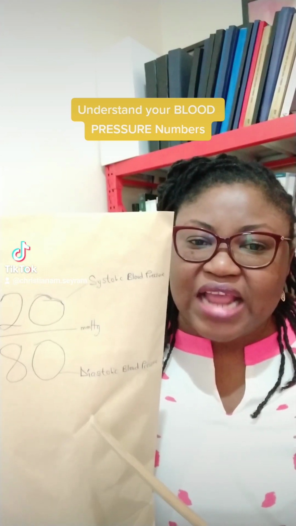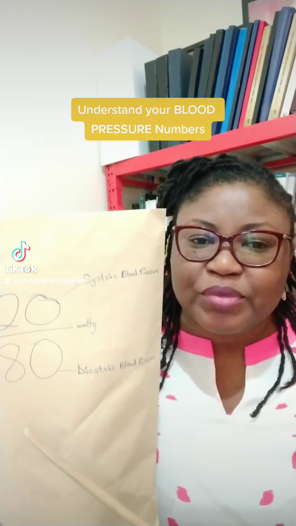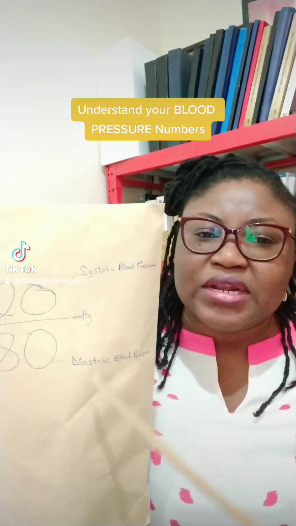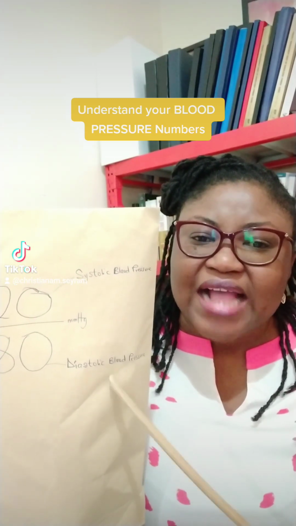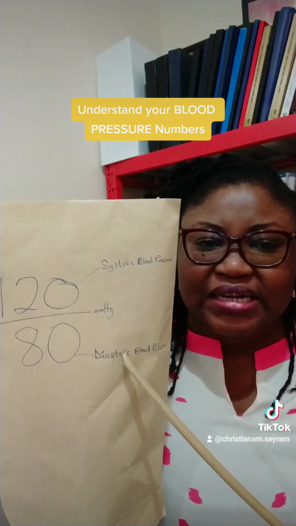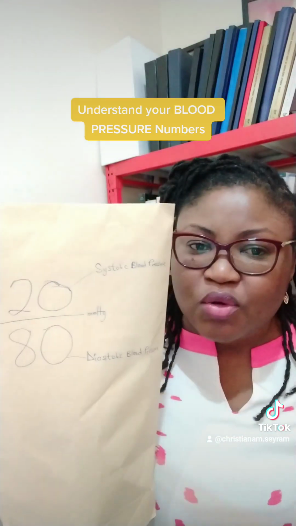After contracting and pushing blood to the rest of the body, the heart takes a short break and then contracts again. In between the beats, the heart rests, and that is when the heart gets filled with blood and oxygen from your lungs. Then the cycle continues again.